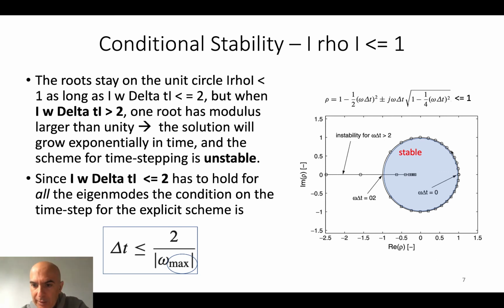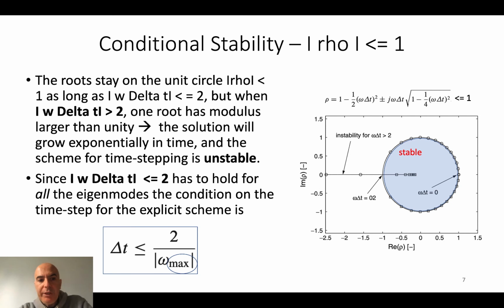So this is a plot in the complex plane. Here we have our circle that denotes the stability region of our scheme. Outside this area, the scheme is unstable. Since the absolute value of omega delta t needs to be less than or equal to 2, this has to hold for all the eigenvalues, all the eigenmodes.